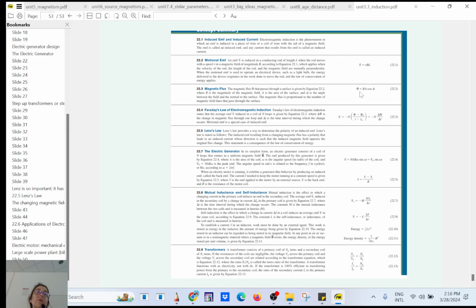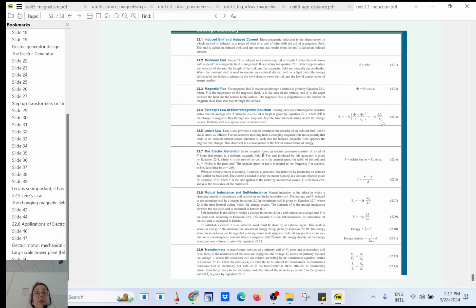Here again, you can print out this page. It comes from your book, and you see the flux will be equal to the magnetic field times the area the magnetic field lines are poking through. That cosine means that we are only taking into account the magnetic field lines perpendicular to the area.